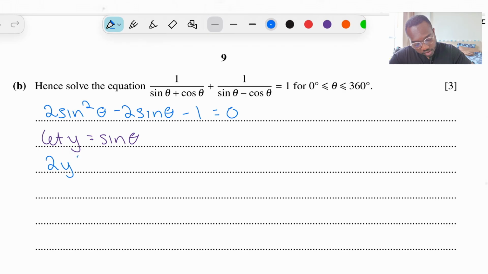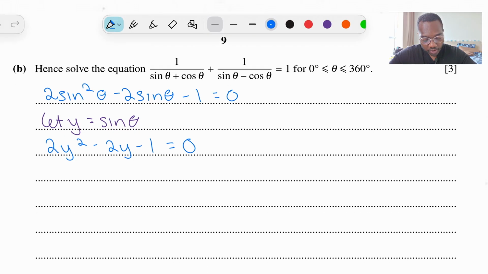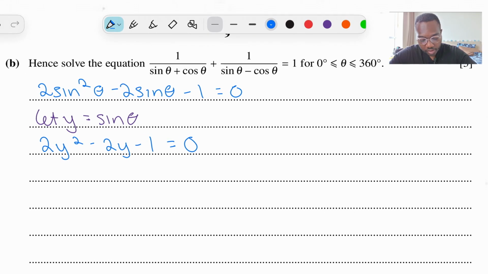So we get 2y squared minus 2y minus 1, and that is equal to 0. Now for this one, it can't be put in brackets. It's a bit more challenging, so we have to either use the quadratic formula or completing the square to get our values, okay? So for this one here, I'm going to complete the square.